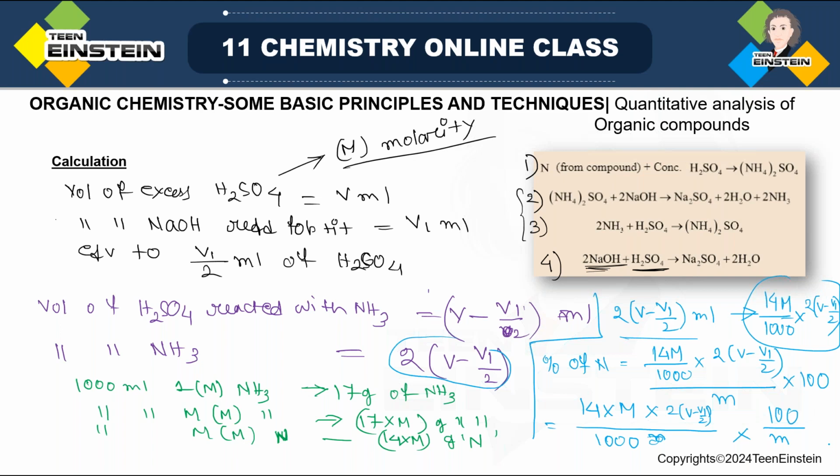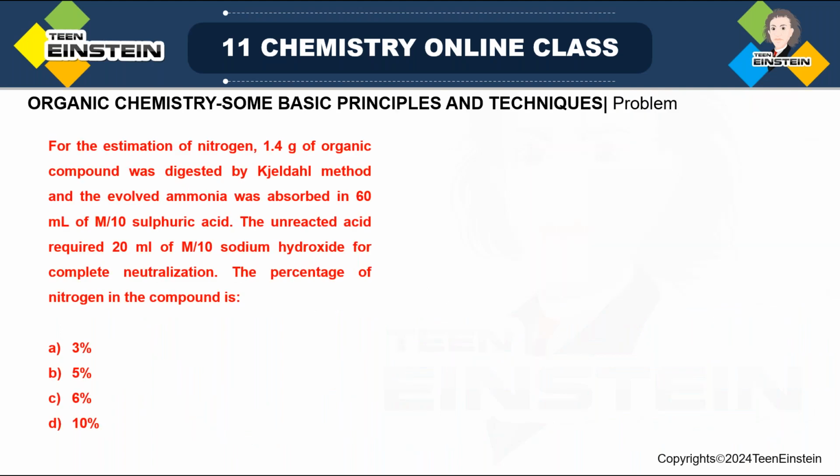But again, I will say sometimes you may not get these values directly in the problem. So in that case, you have to solve the problem logically, step by step. So next we have this problem to solve. If I am using the formula directly, then that will be method 1.